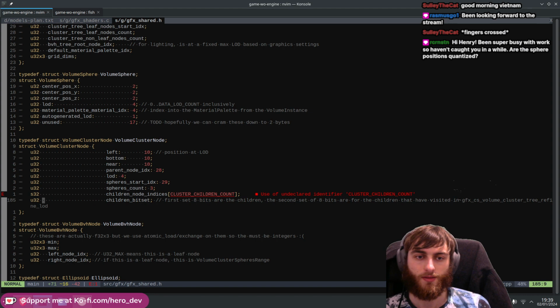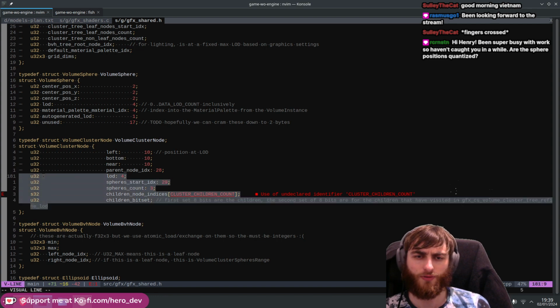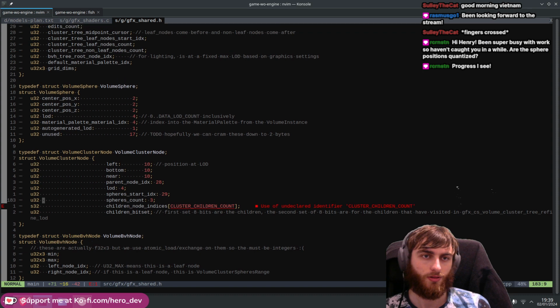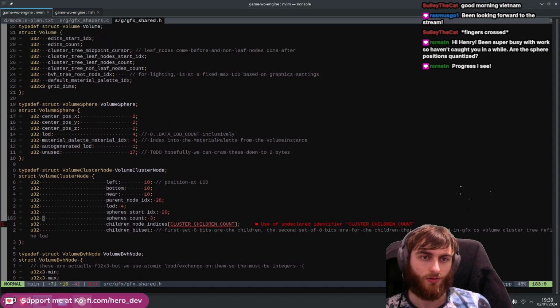But yeah, that's the sort of quantizing we do right now. This one's not quite finished, packing and all that. But the cluster node and the sphere are things we're going to have such a high volume of that they definitely need to be packed as much as possible.